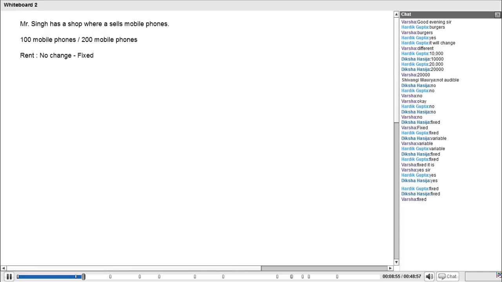Electricity. He needs to pay for air conditioning, lighting, keeping the phones charged. So there is no change in this cost and hence it would be a fixed cost. Yes?